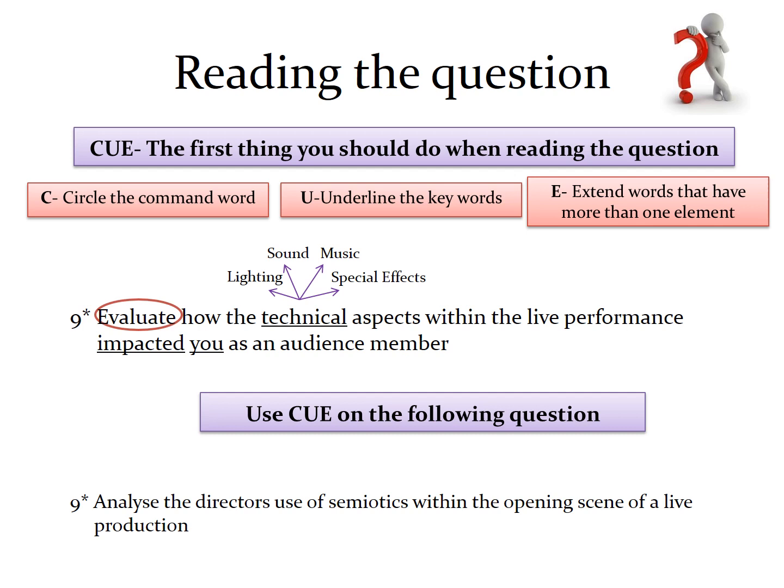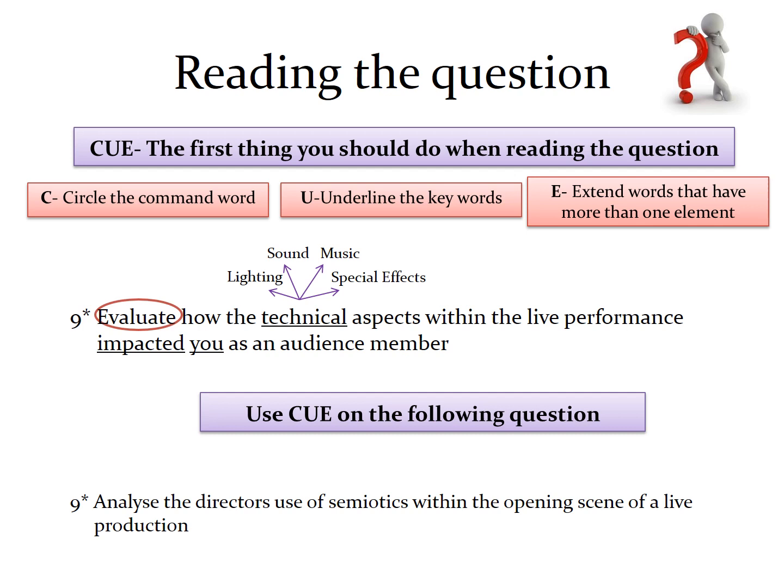So if you look at the next question, that one is asking you how the director's use of semiotics was used within the opening. So you'd extend the word semiotics into what they are and then decide which ones you wanted to talk about. And again, you don't have to talk about all of them. You really don't.